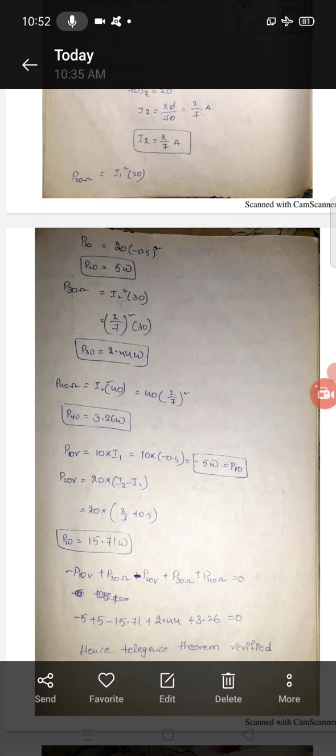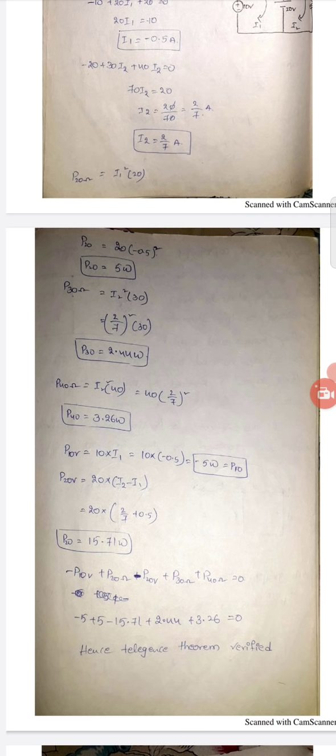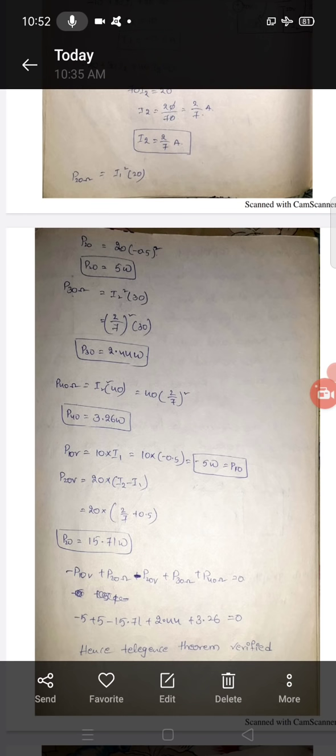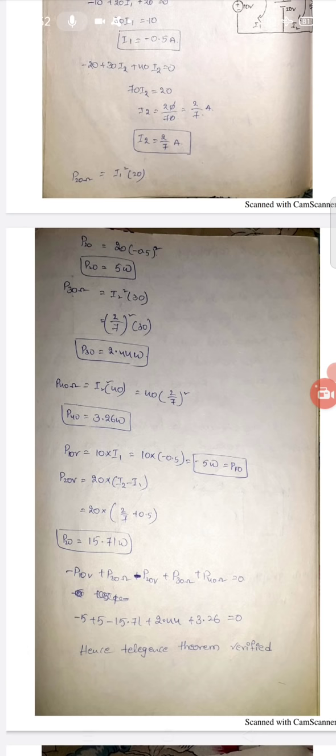According to Tellegen's theorem, what is the statement? The sum of delivered power is equal to the sum of absorbed power. That is, the power delivered by the 10 volt source plus the power delivered by the 20 volt source equals the power absorbed by 20 ohms plus 30 ohms plus 40 ohms. The power delivered by the 10 volt source is minus 5, and by the 20 volt source is 15.71.